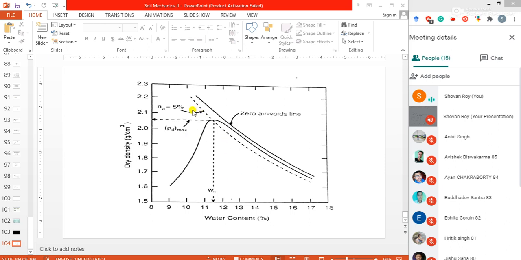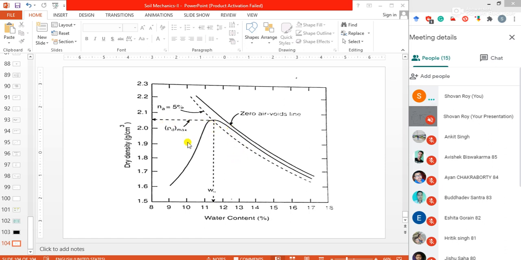This kind of curve or graph is useful when we have the data of water content as well as the corresponding dry density value. After plotting it on simple centimeter graph paper, we can get the optimum moisture content and the maximum dry density.